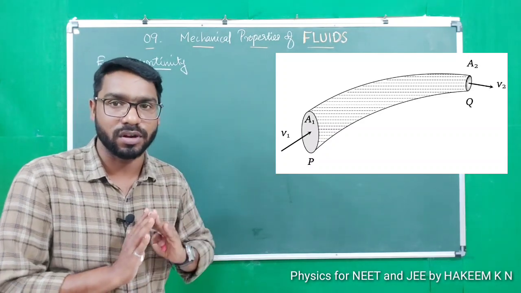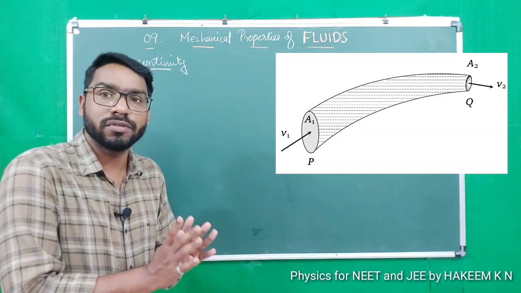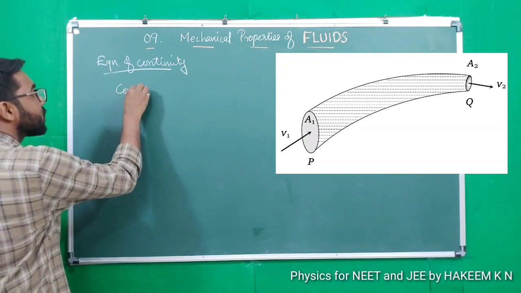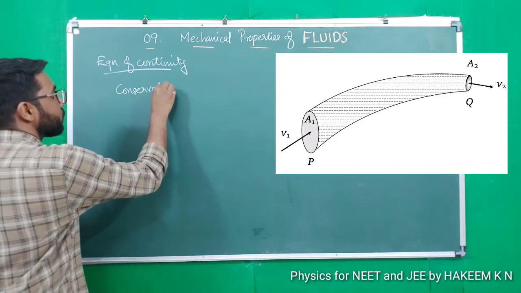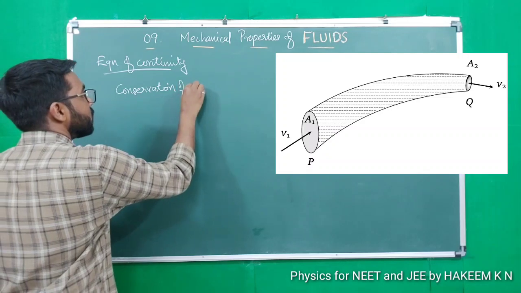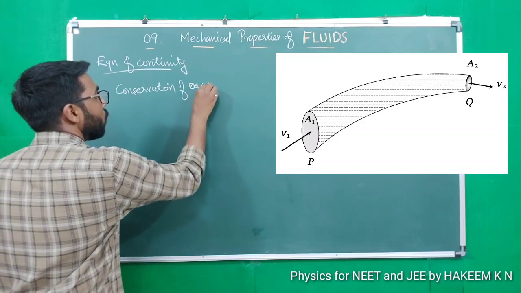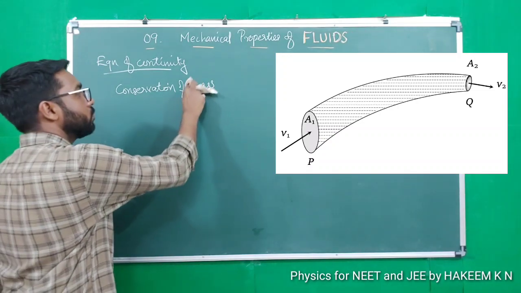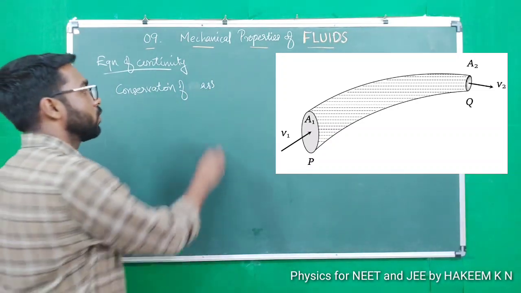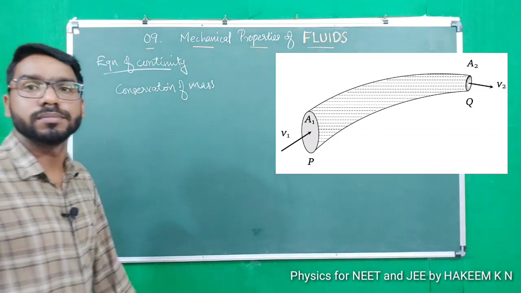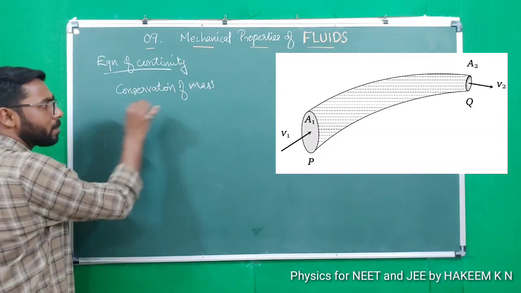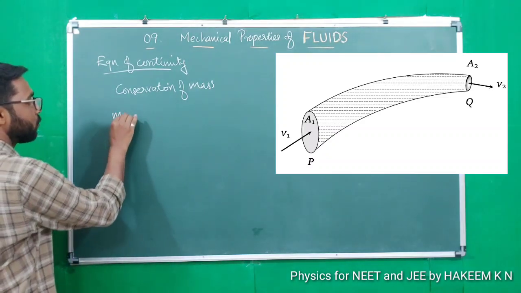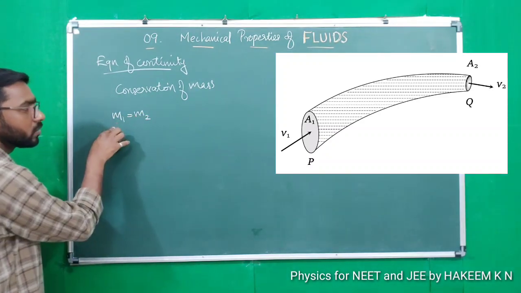Why? The equation of continuity is based on the law of conservation of mass. That means mass entering should be equal to mass leaving. So we can say m1 equal to m2.